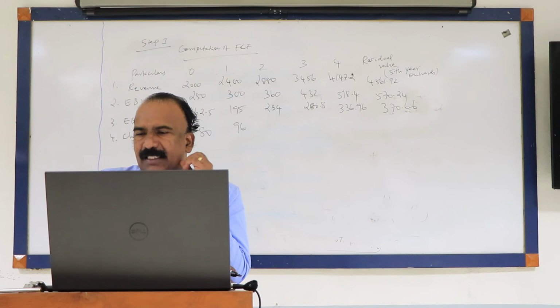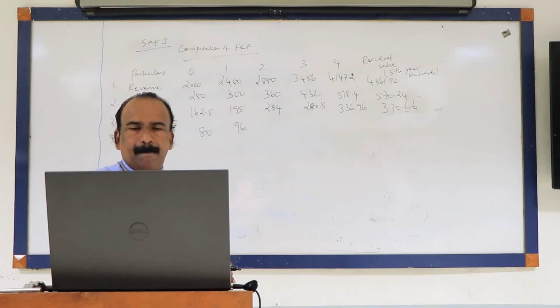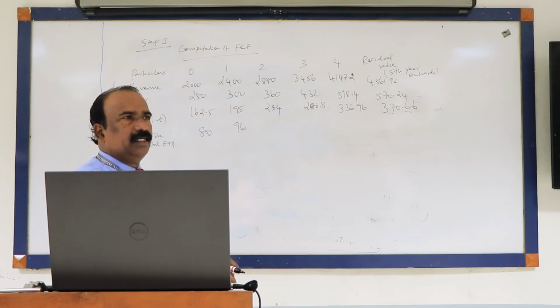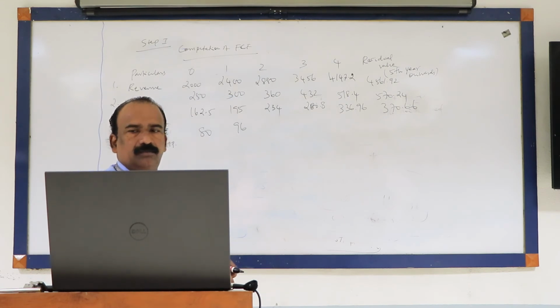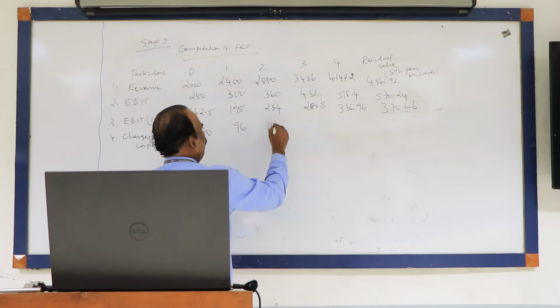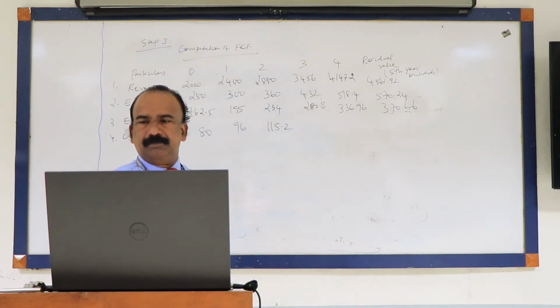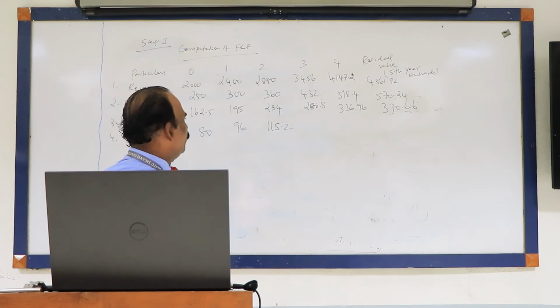So 80 is increased by 20%, that is 96. 96 increased by 20%, how much comes? 115.2. Then 115.2 increased by 20%.